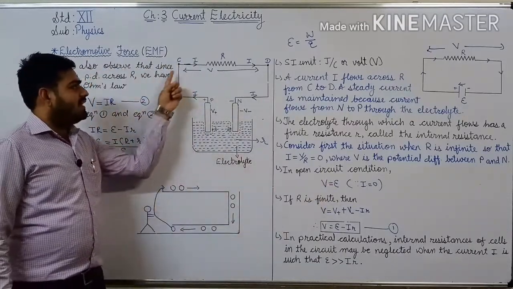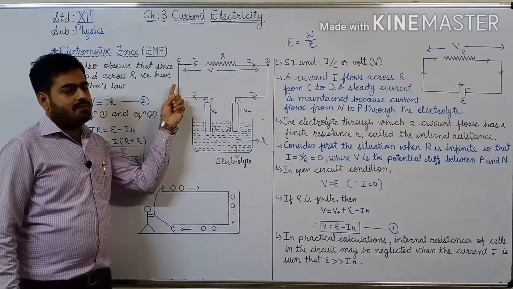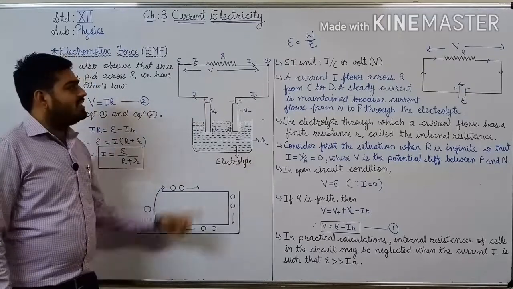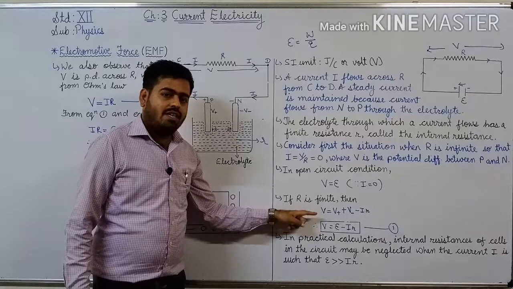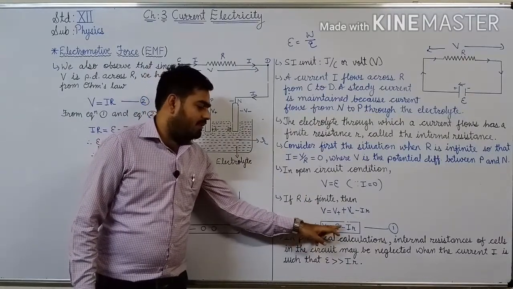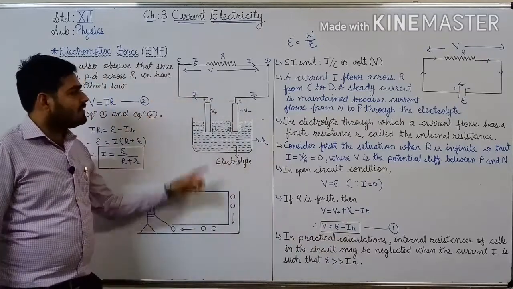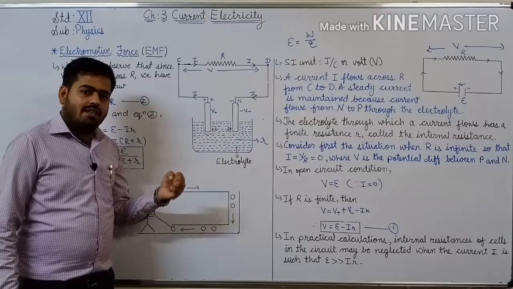When we connect some external resistance with the battery, some current will flow. When current starts flowing, at that time the terminal voltage decreases and the formula of terminal voltage will be E minus IR, because this electrolyte offers some internal resistance.